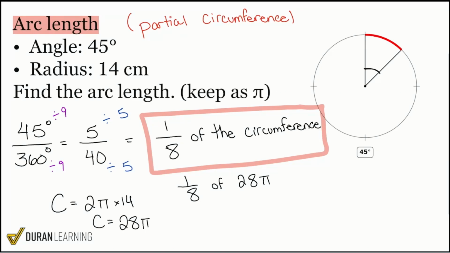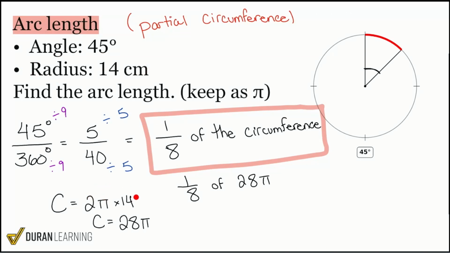One more time, everybody. The word of. What does that mean in mathematics? Not out of. Out of is division. The word of by itself, yeah, that's multiplication. And if you're asking, hey, where'd that 28 pi come from? Again, that's the circumference. The circumference is 2 times pi times the radius. Again, I'm using this version because we're given the radius.